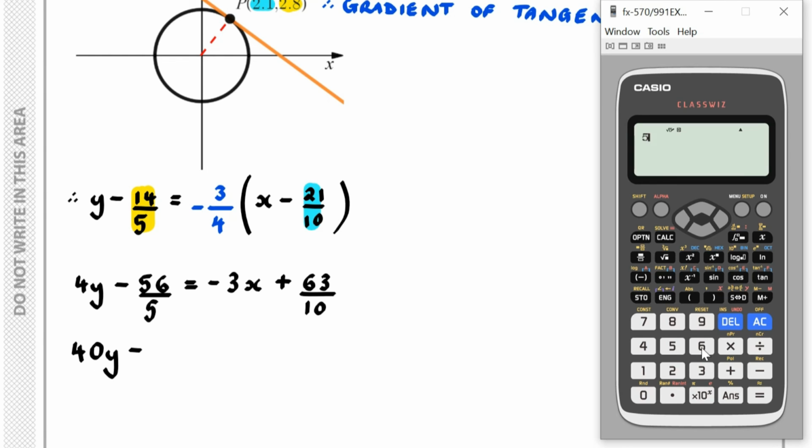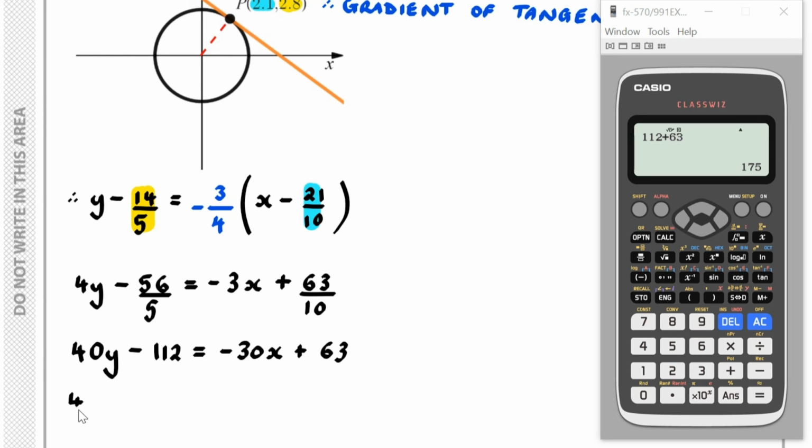Now here I've got 56 divided by 5 times by 10, which is 112. And that's equal to -30x plus 63. So now if I add 112 to 63, I get 175.